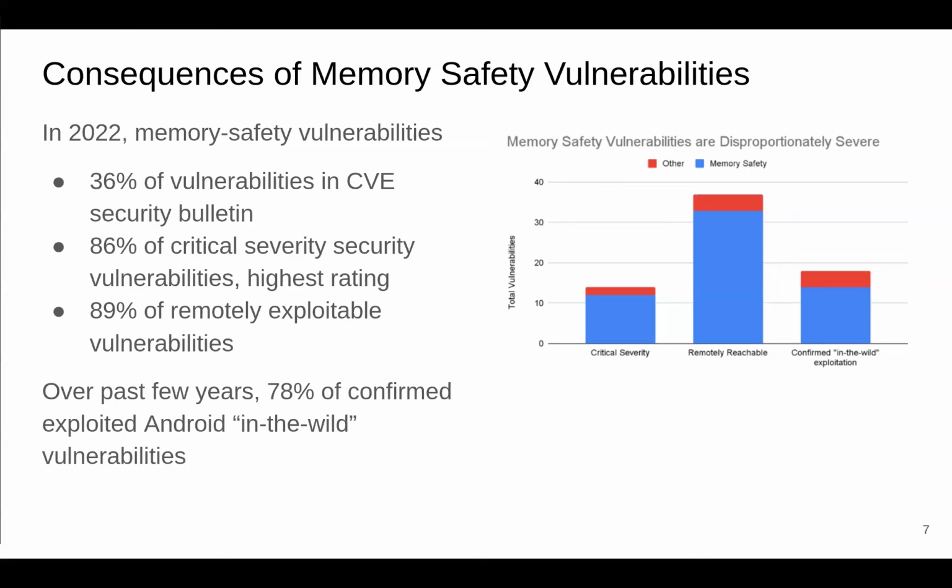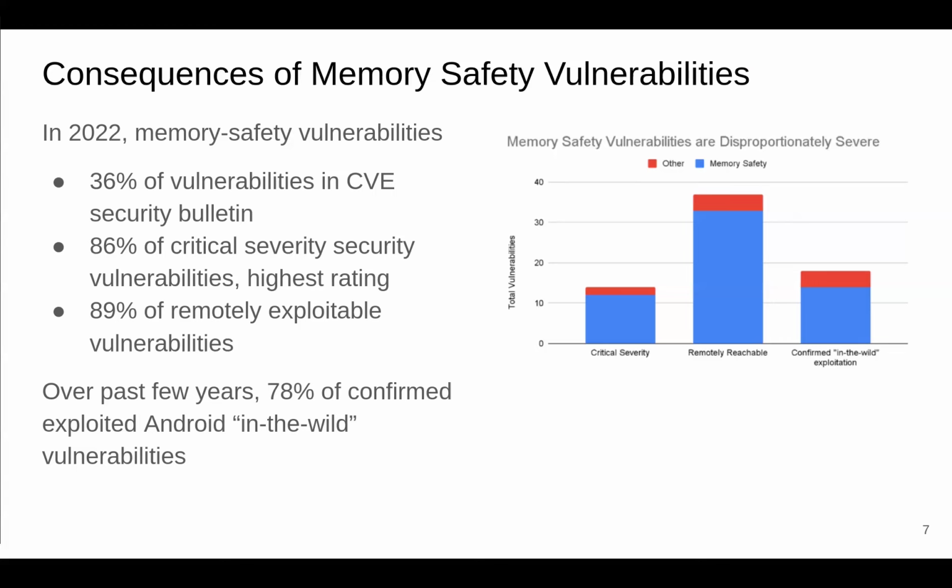So 11 out of 12 observed vulnerabilities with critical severity were memory safety, remotely reachable, and 33 out of 36 confirmed in the wild exploits that were actually observed as being exploited were also mostly memory safety vulnerabilities. So the current exploit ecosystem leverages vulnerabilities in programs written in low-level languages like C and C++ that are prone to memory safety vulnerabilities.